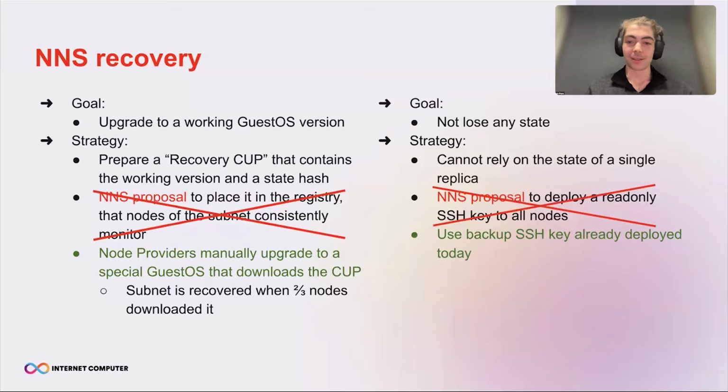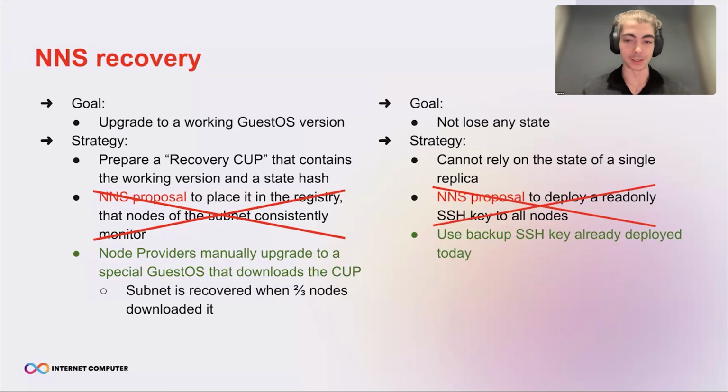And the proposal on the right, which is the first one that we actually do, we won't be able to actually deploy an SSH key on the subnet. And so instead, we use an SSH key that is already deployed today on the NNS subnet that grants backup access. And backup access has fewer permissions than read-only.